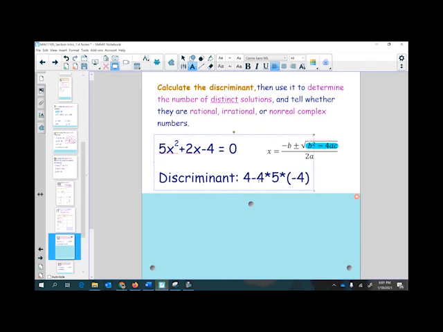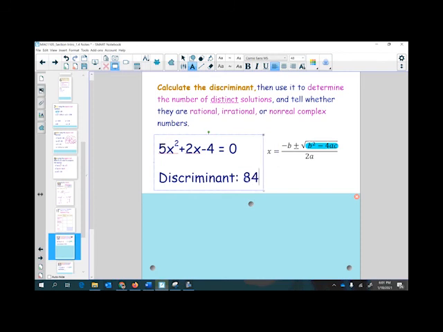Okay, so we're going to simplify this. -4 times 5 is -20. -20 times -4 is +80. So 4 plus 80 is 84.